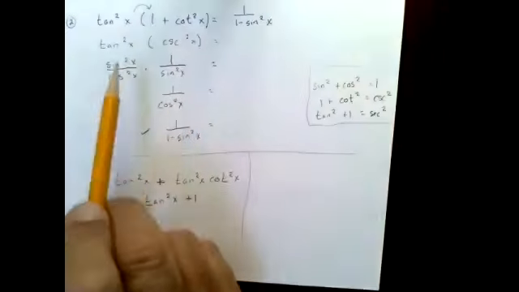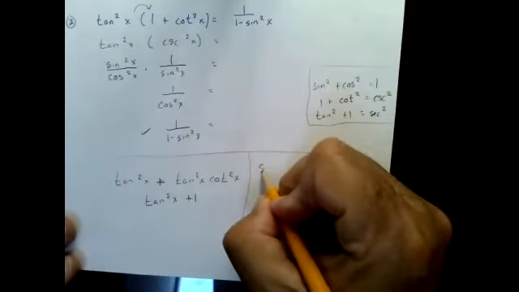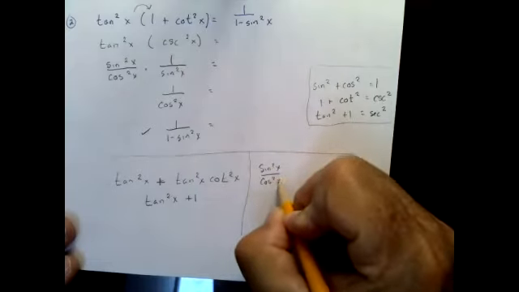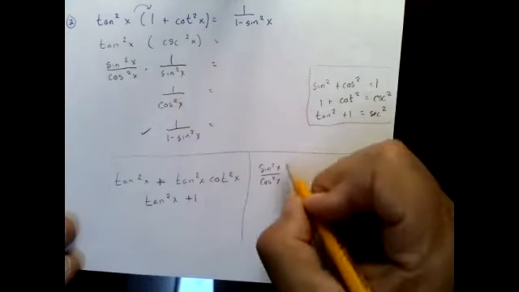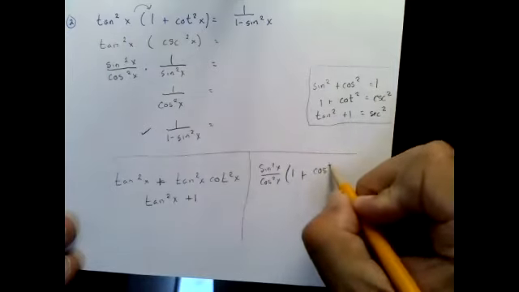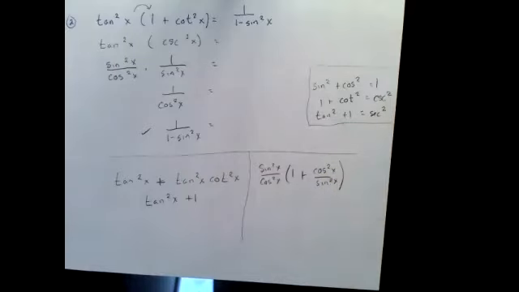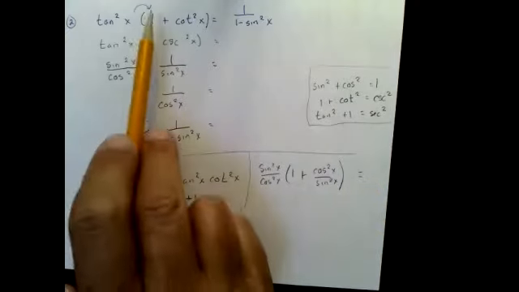Again, a simple way would be to come back and say sine squared of x over cosine squared of x times 1 plus cosine squared of x over sine squared of x. When you're first doing these, getting your feet wet, that's not bad, to make it sines and cosines.